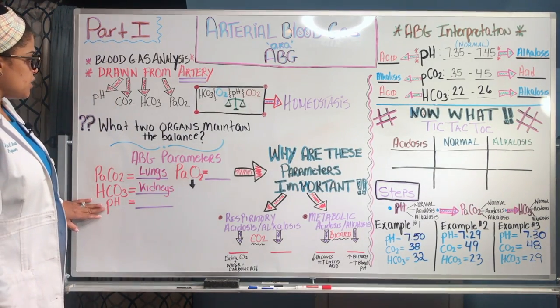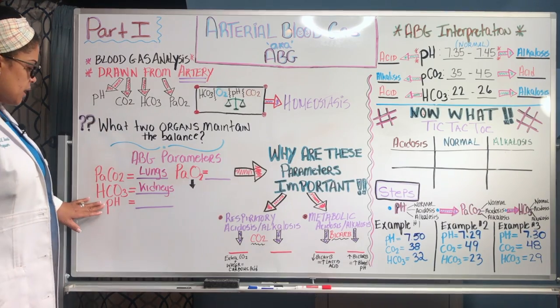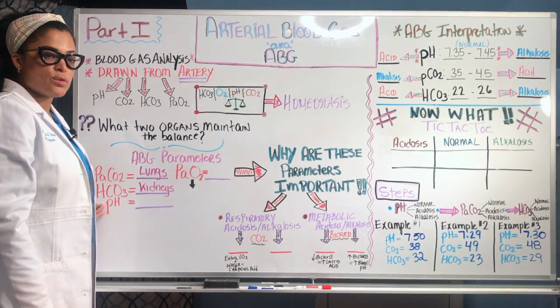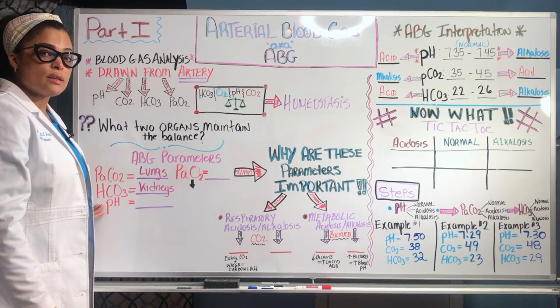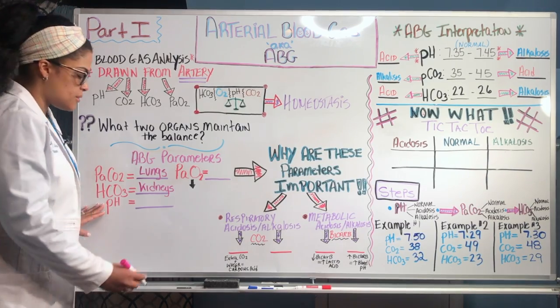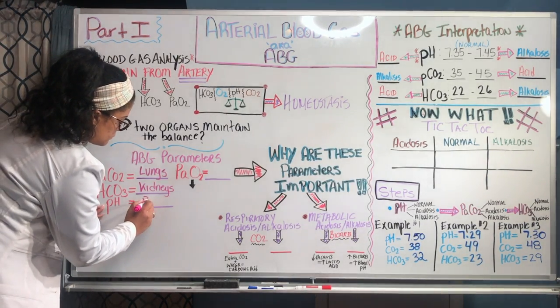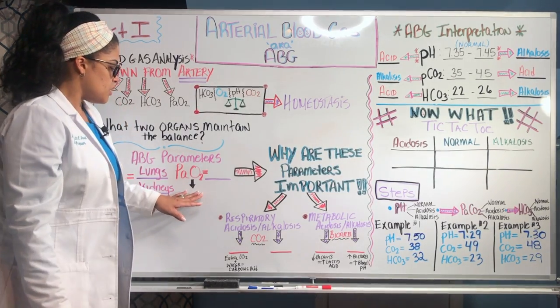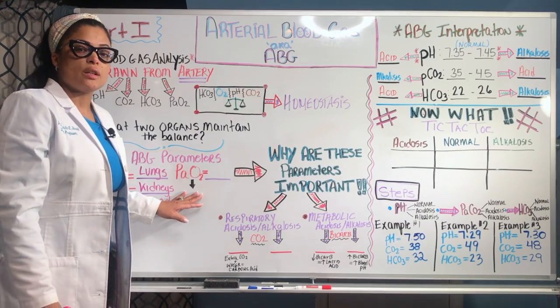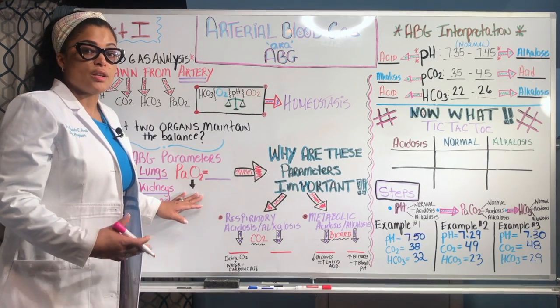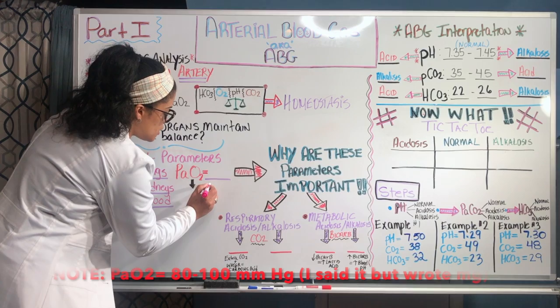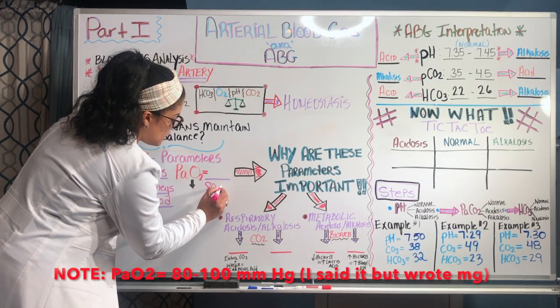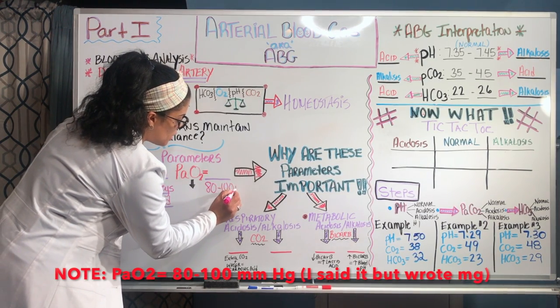Then we have the pH, and how I set up here, the pH level in an ABG result is going to tell us how acidic or alkaline the blood is. The PaO2 is going to tell us how much oxygen is in your blood. The range for this should always be between 80 and 100 millimeters of mercury.